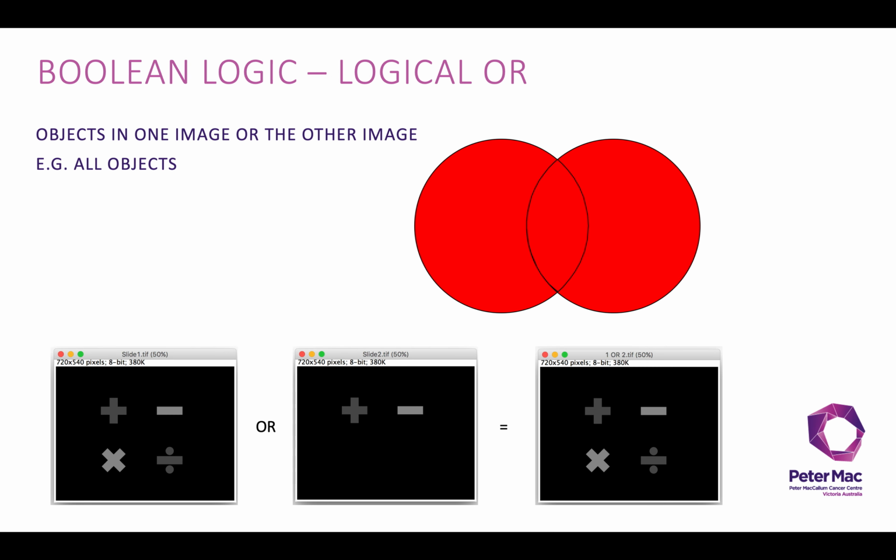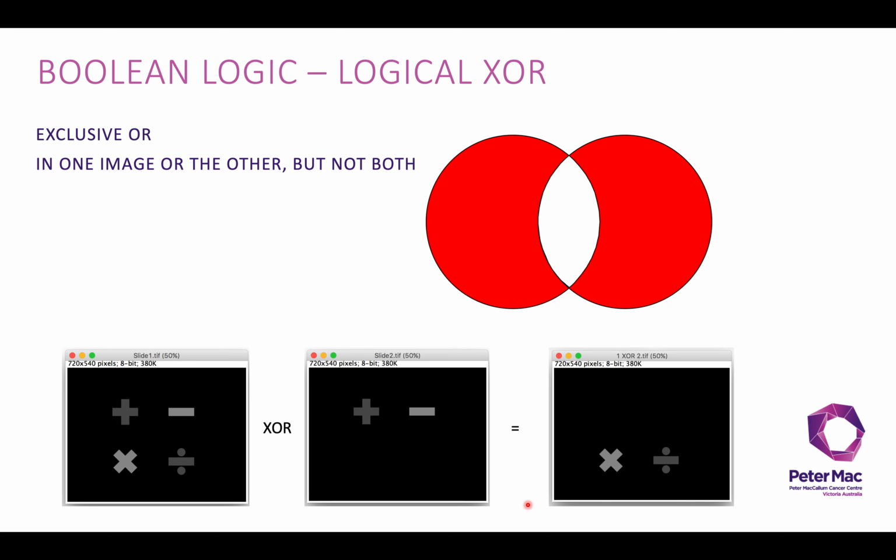We have a logical OR, so it's in one image or the other image, in which case all objects are shown. Or we have a logical exclusive OR, XOR, so in one image or the other image, but not in both, and in which case we highlight just the multiply and the divide symbols.